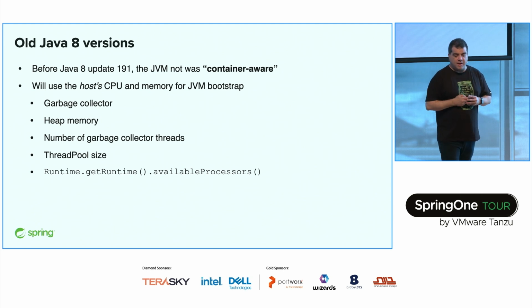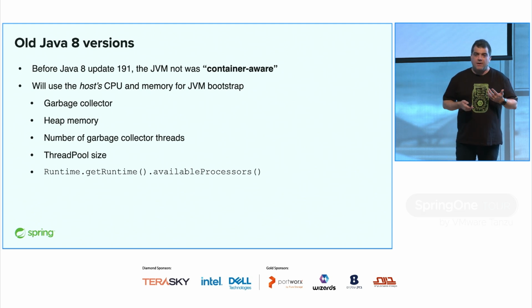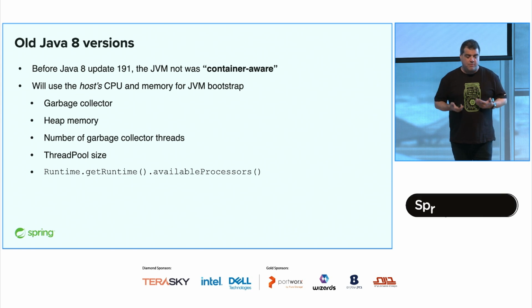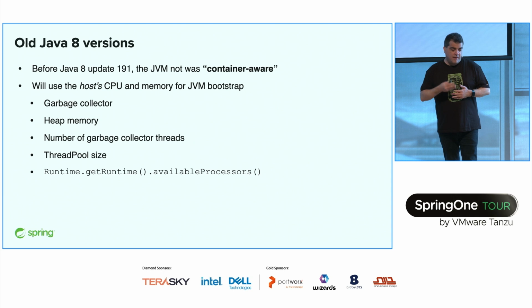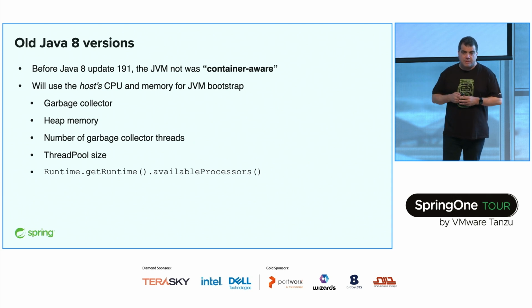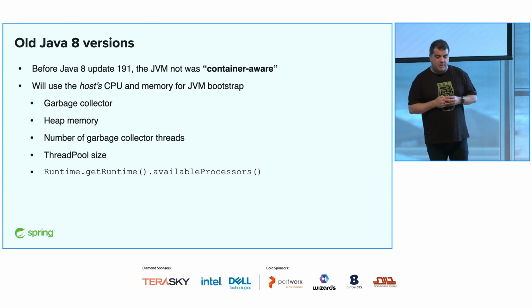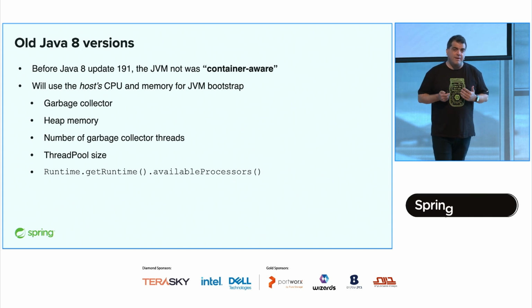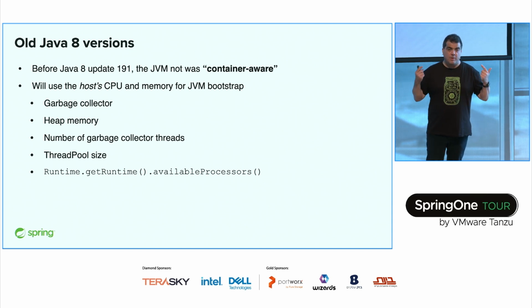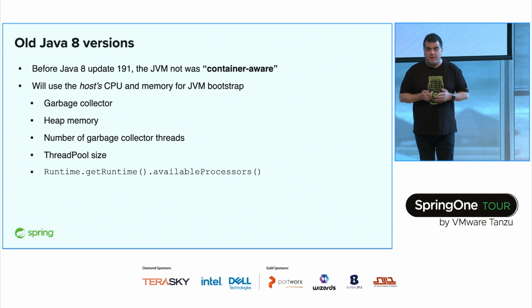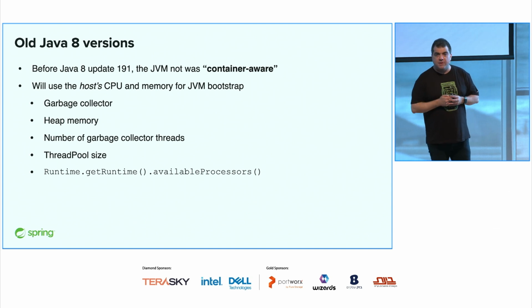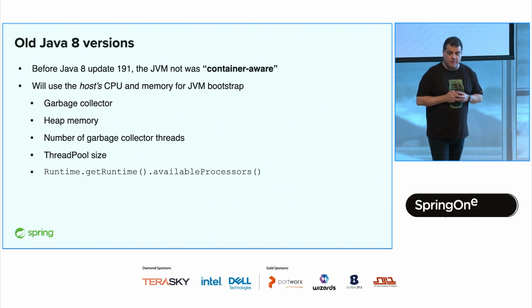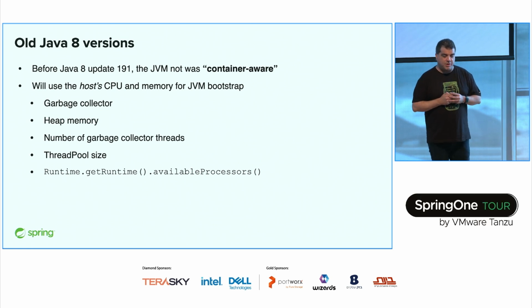This means that everything related to setting the garbage collection, the heap memory, the thread pool sizes, all of these things use the getAvailableProcessors argument that the JVM uses to make a lot of assumptions. So before 191, it actually used the host's CPU and memory, which means that it got basically the wrong information, which could obviously cause a lot of havoc if you're going to use it in a production environment.